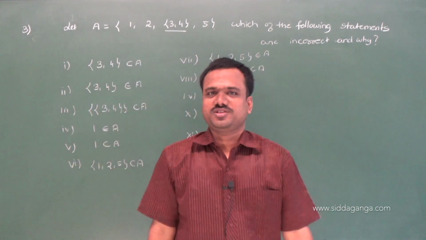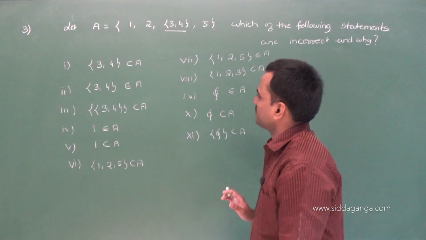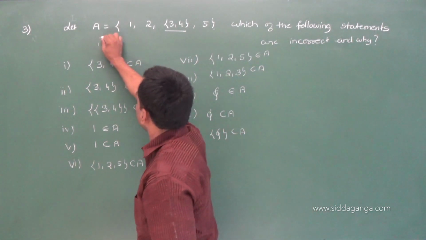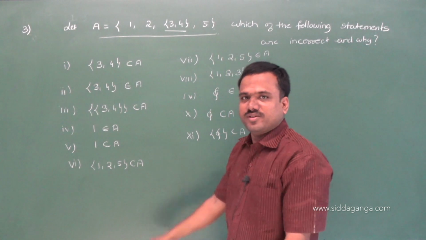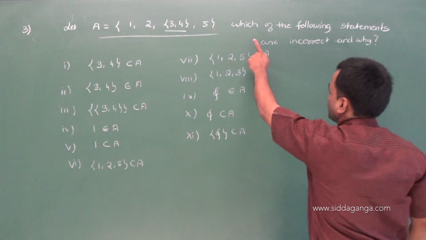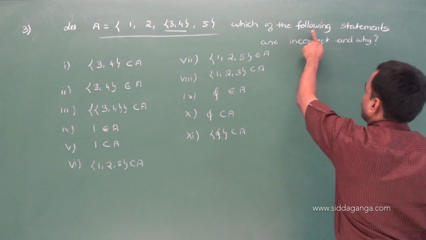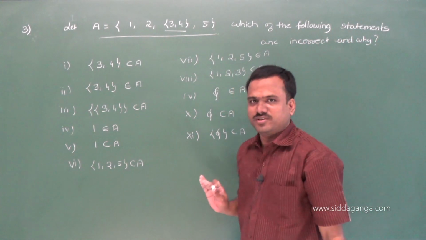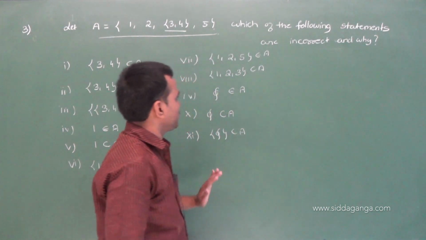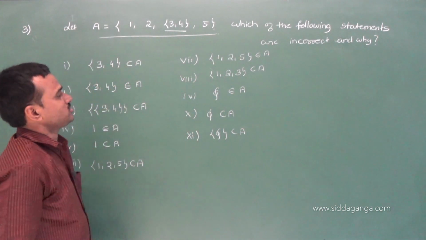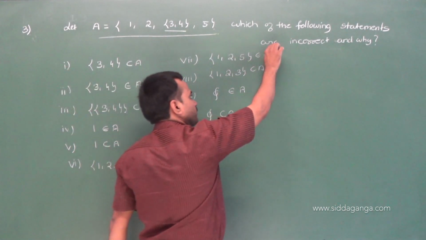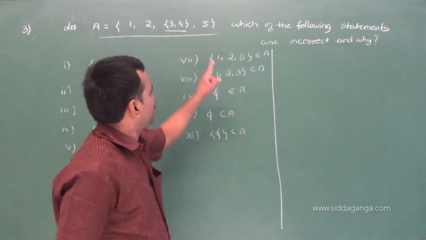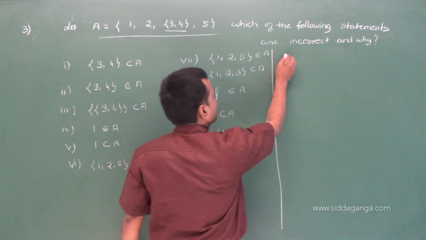Observe very carefully. This is a very important concept. These are all the statements he has given. He has given a set. What did he ask? Which of the following statements are incorrect? Firstly, what do we do? We write the elements.